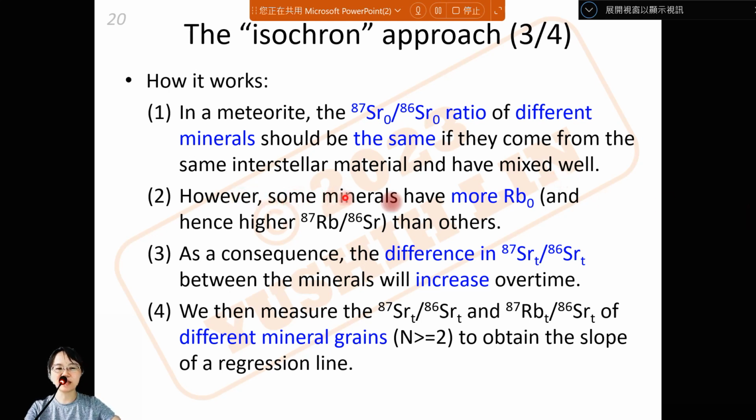However, some minerals have more rubidium at time zero and therefore have a higher rubidium 87 to strontium 86 ratio than others. In a meteorite, there are many, many different minerals. At time zero, their strontium 87 to 86 ratio should be the same, but the rubidium to strontium ratio should be different.